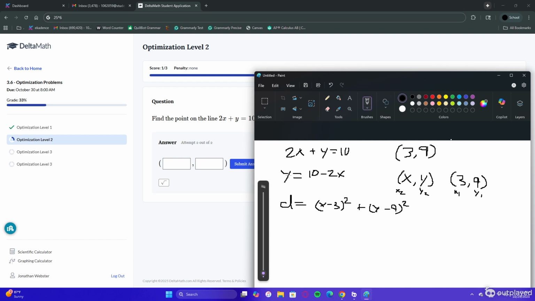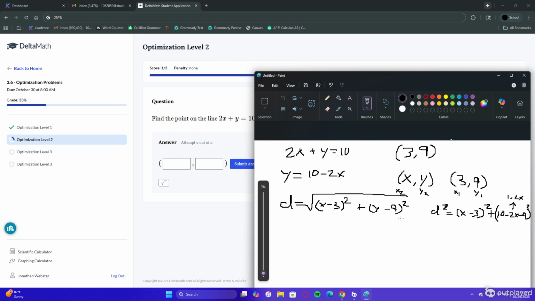And remember that from earlier, our y is 10 minus 2x. So d squared, to get rid of the square root, would be equal to (x minus 3) squared plus (10 minus 2x minus 9) squared, and then you can just do (1 minus 2x) squared.